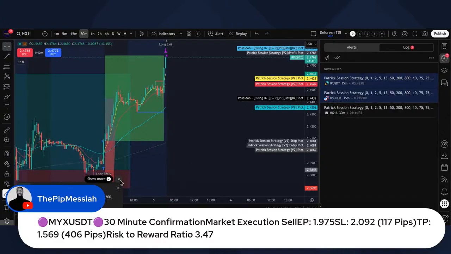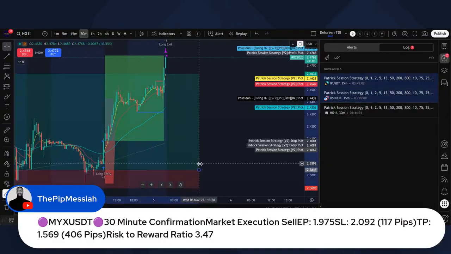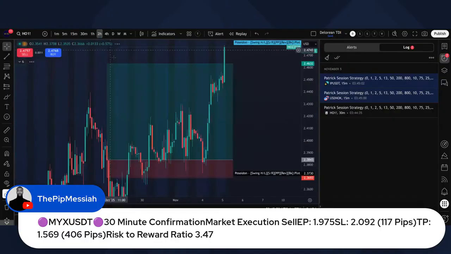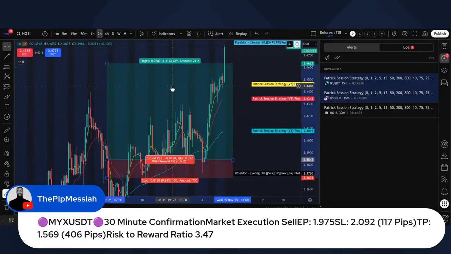Heating oil has hit take profit for us. That's going to be for 789 pips.